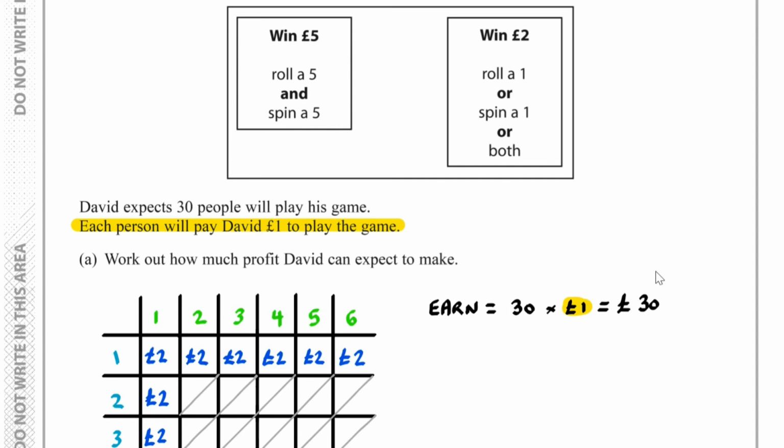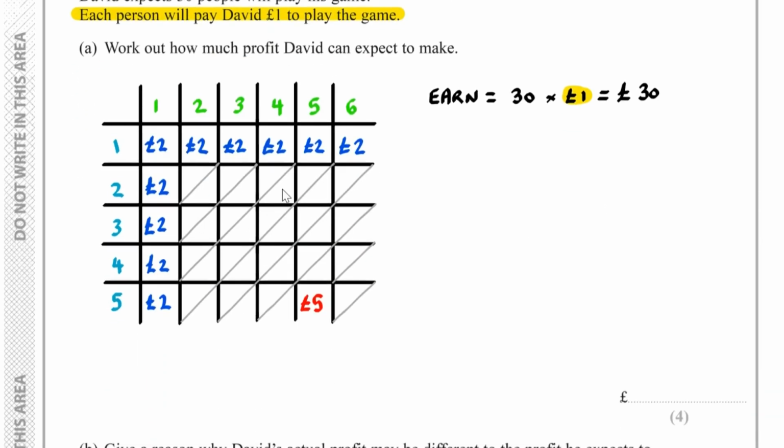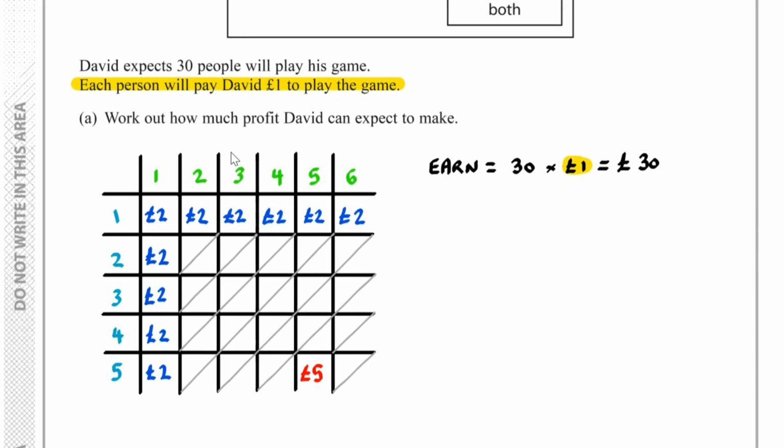And then, if we think about how much we pay out, I've got 1, 2, 3, 4, 5, 6, 7, 8, 9, 10 multiplied by the £2 plus this £5.